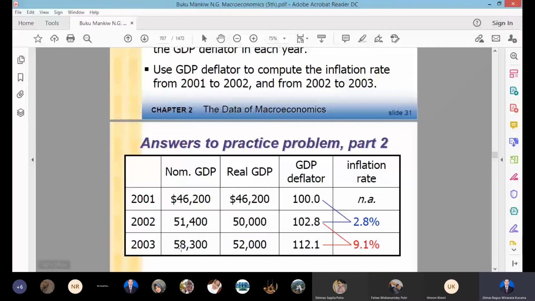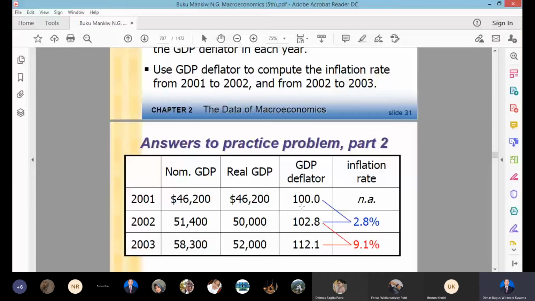And the next one, the same way, you get 112.1. So from this, how do you then calculate the inflation? By comparing the deflator of 2002 with the deflator of 2001. Namely, 102.8 minus 100. Once you have this number, keep it, and this result over 100.